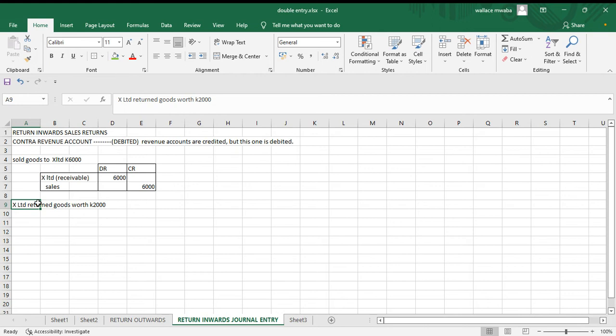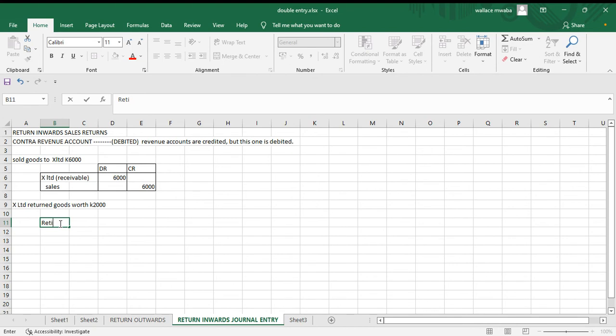Since our receivable is returning some goods, it's like we are reducing our asset. So we credit our receivable and we debit sales returns, or return inwards, because it's a contra revenue account.